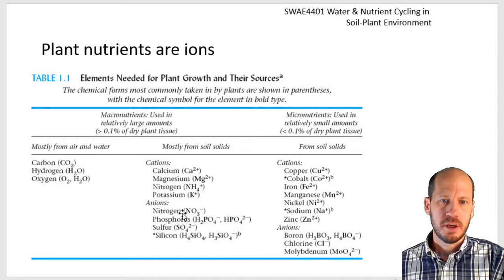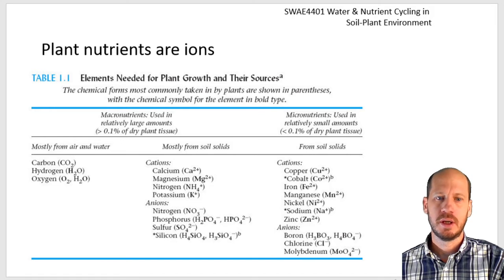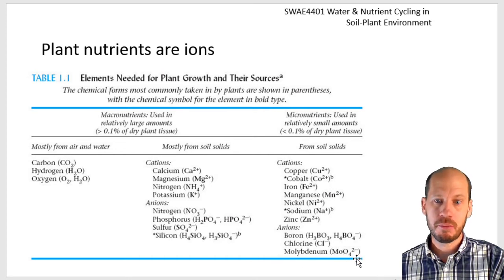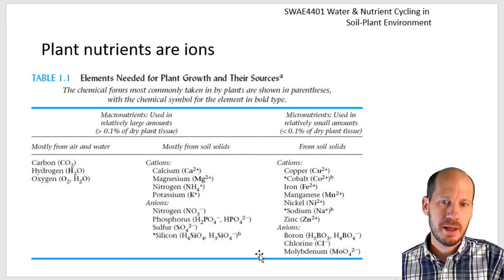And of course, the nutrients that plants use are ions. Yeah, they are ionic nutrients, either cations or anions. These ions interact with the solid phase. If they are positively charged, they will be attracted to the surfaces, and if they are negatively charged, they can be bridged to these surfaces by another cation.